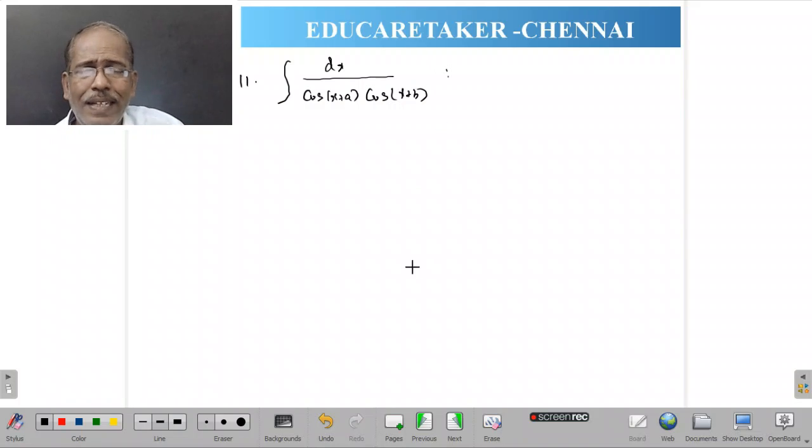Okay, how to deal with this kind of question? In the denominator we have cos a cos b, or cos theta 1 cos theta 2.